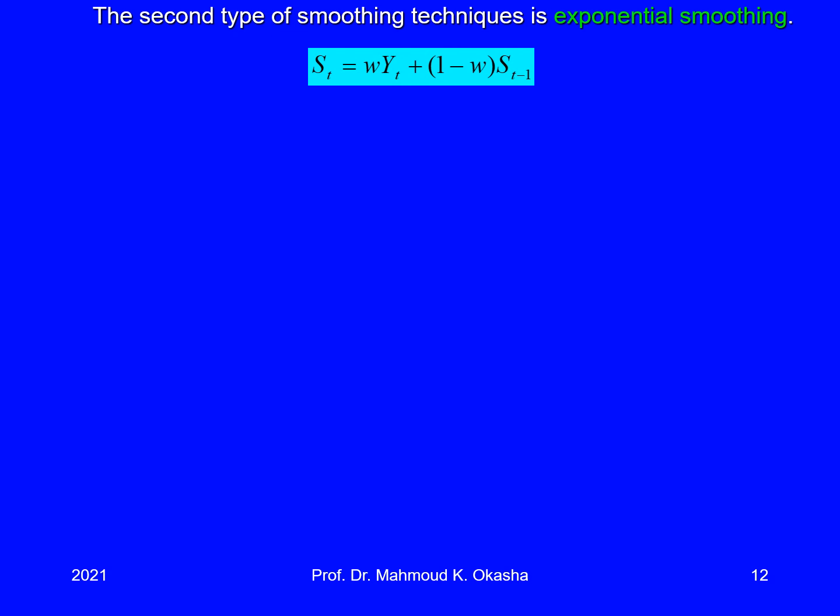The second type of smoothing: we mentioned moving averages, and there is another method of smoothing called exponential smoothing.